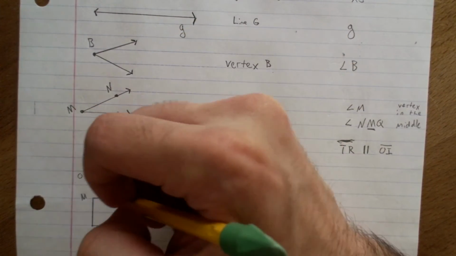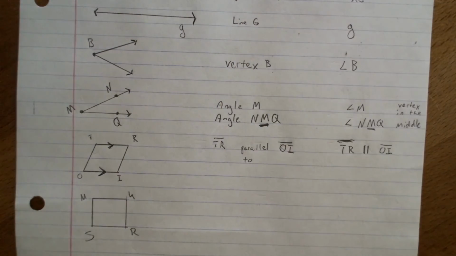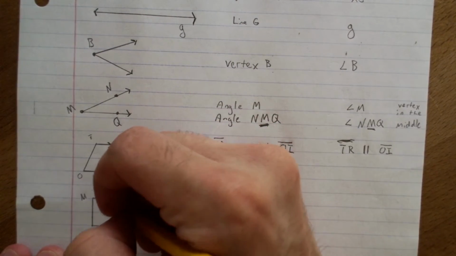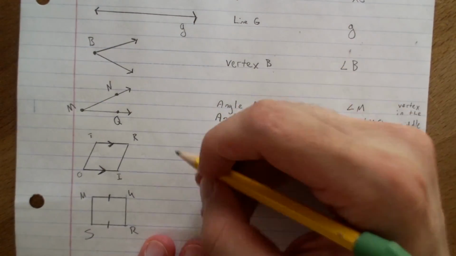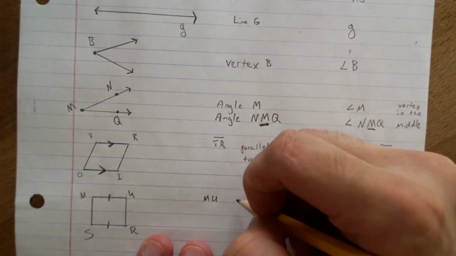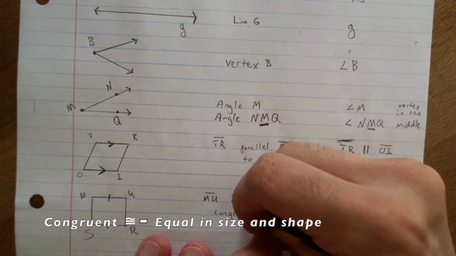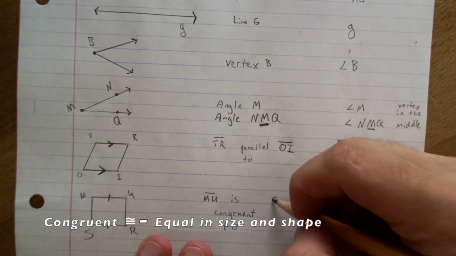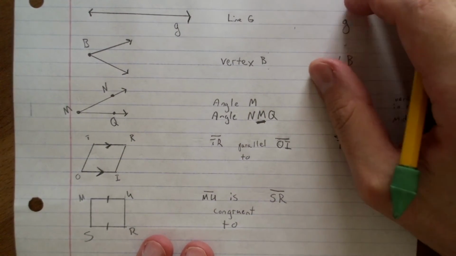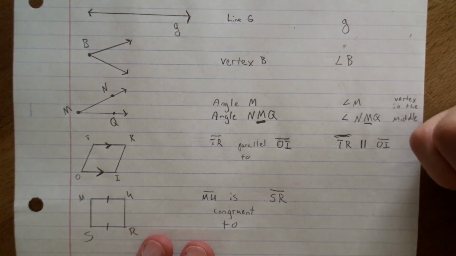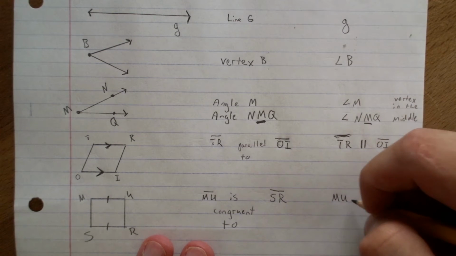I'm going to call it M-U-R-S, MURS. Good musician. So we're going to say here, and what congruency means is that we're talking about the same size and same shape. It's a little bit different than what we would describe as being equal.